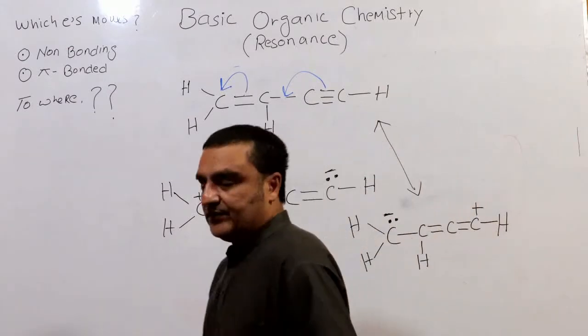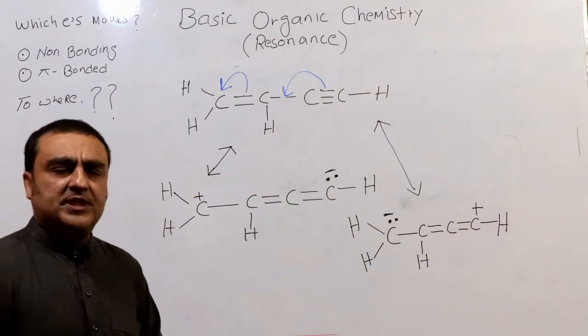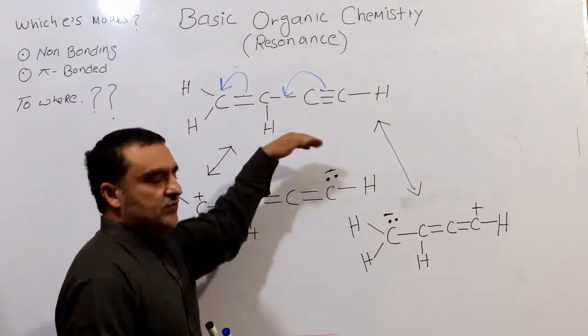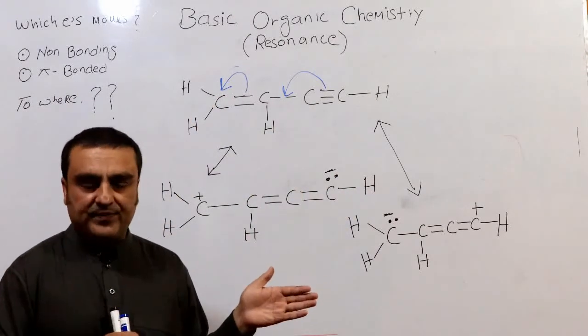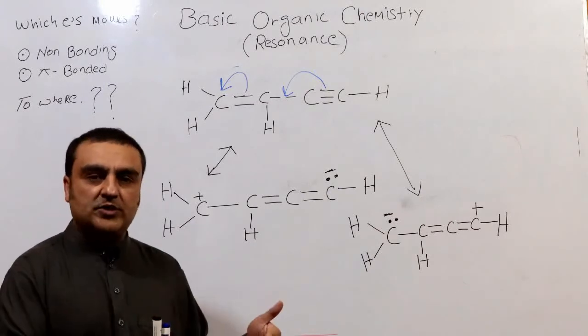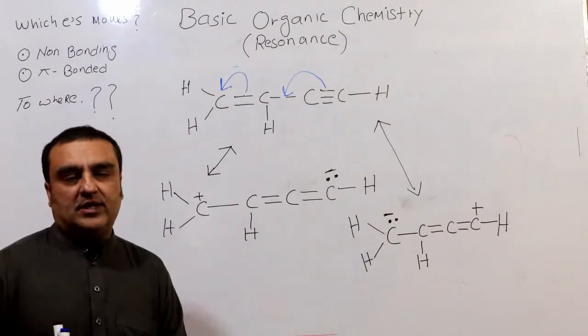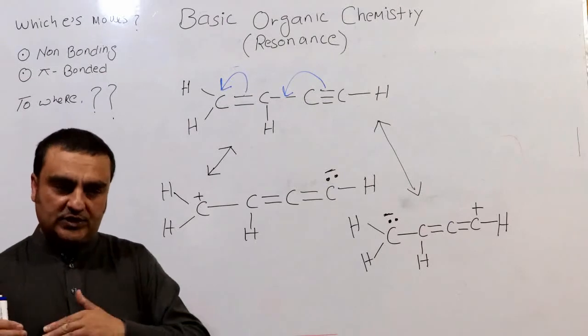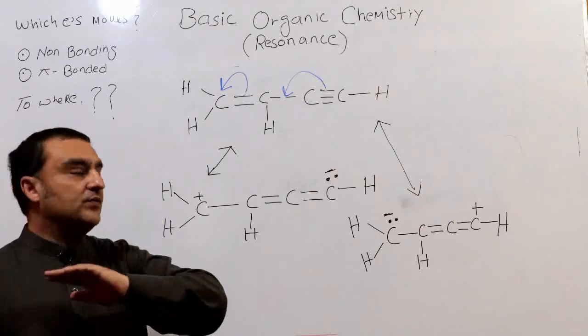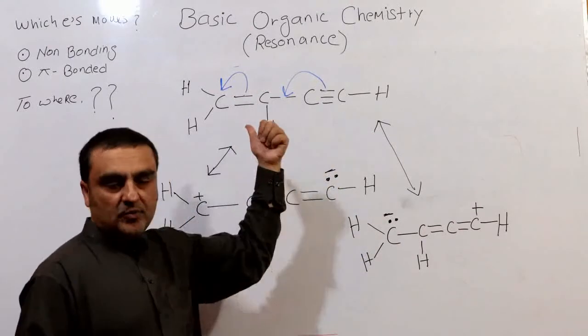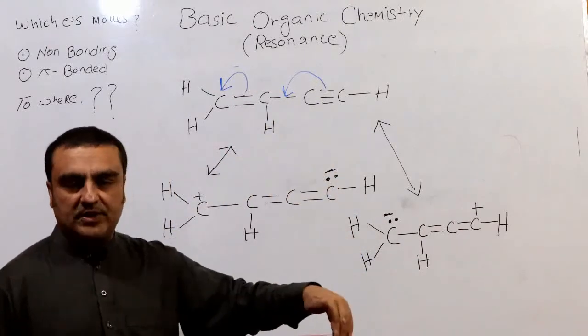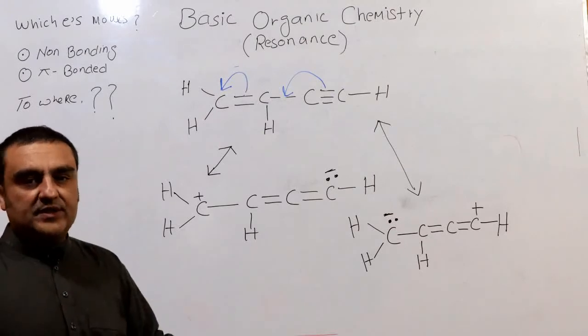So this thing is negative. Still, you will be thinking that I am moving electrons in this way, in that way. So what is the actual way? Right now the aim is not to show you what is the correct way, which way is preferred. Either the electron from a triple bond to a double bond is preferred, or from a double bond to a triple bond is favored.